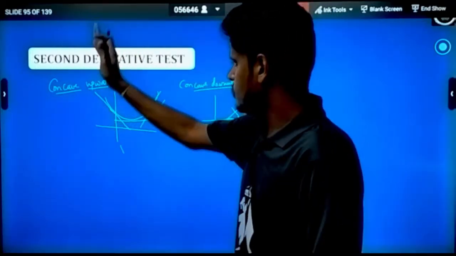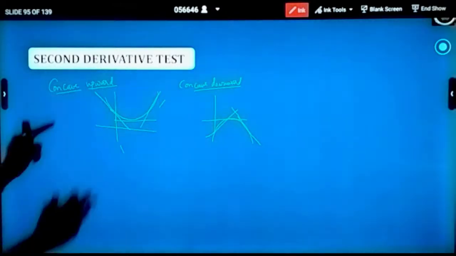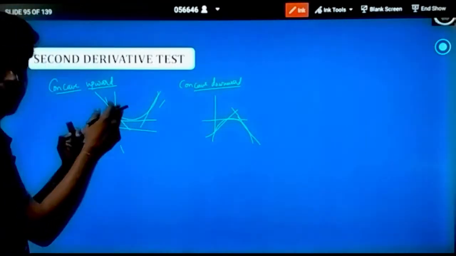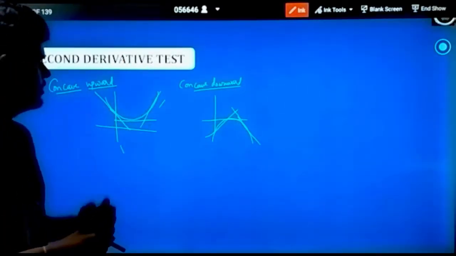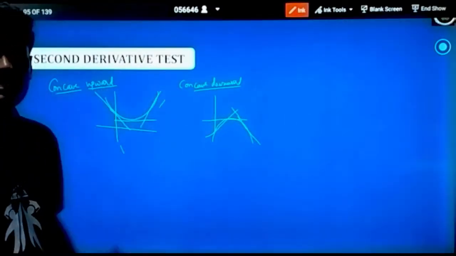So the slope keeps on increasing. Now what does it mean? That means f double dash keeps on increasing, f dash keeps on increasing, so f double dash will be greater than 0. So for this curve, f double dash will always be greater than 0.